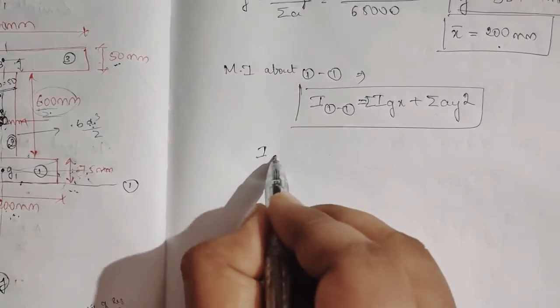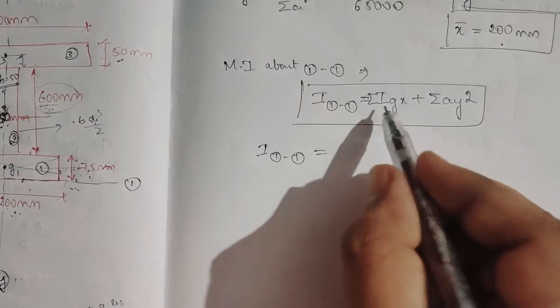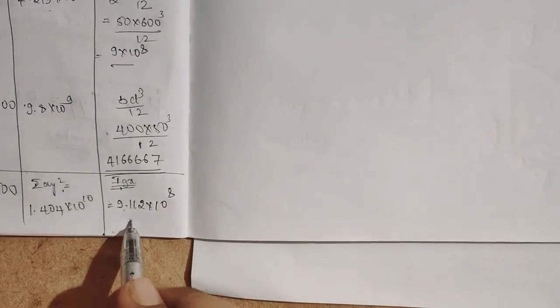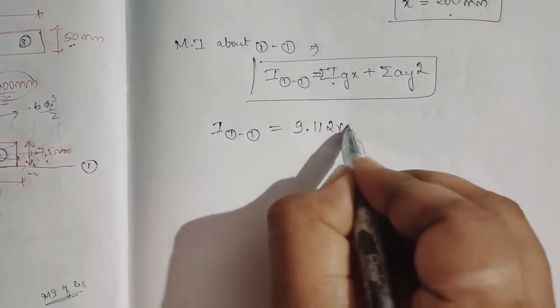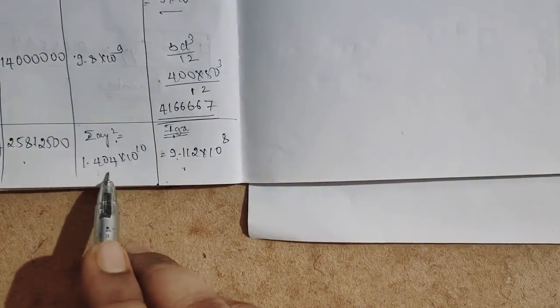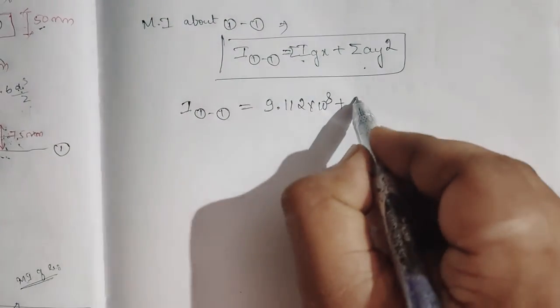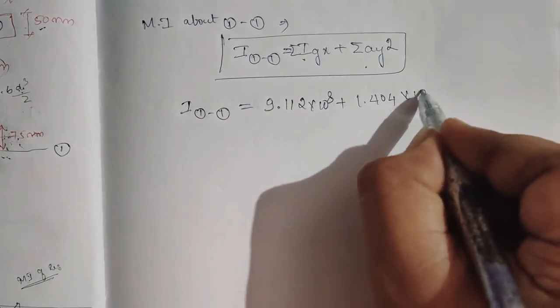Summation of I at axis 1 is equal to summation of IGX, 9.112 into 10 power 8, plus summation of AY square, 1.404 into 10 power 10.